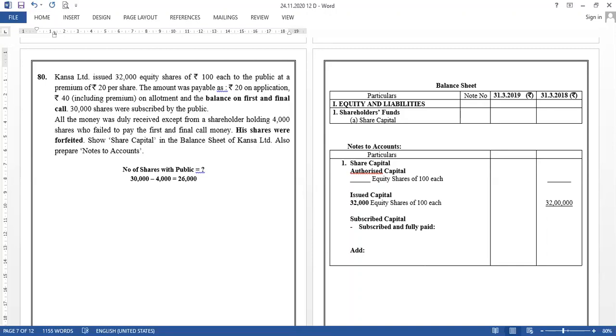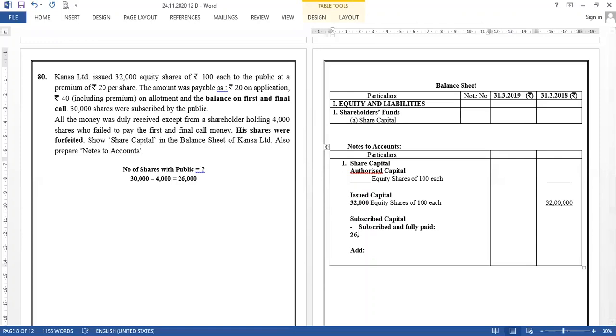Now these 26,000 are fully paid or not fully paid? Fully paid. So let me write these number of shares over here. 26,000 equity shares of rupees 100 each. Okay, ये चला जाएगा fully paid up में. And amount over here, let me write this. 26 lakhs. ठीक है.